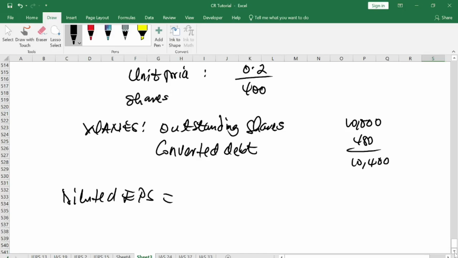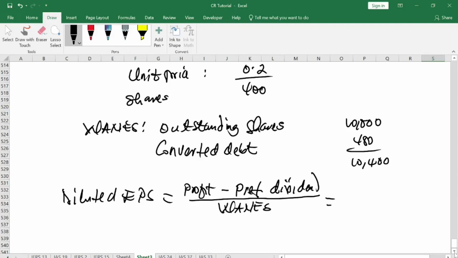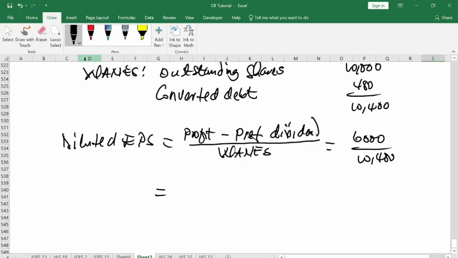So now you can comfortably calculate your diluted earnings per share, where you have your profit after tax less preference dividend, if any, all divided by your WANS. There is no preference dividend here. Profit after tax is 6 million, all divided by your WANS. So I have 6 divided by 10,400, and that gives you 0.58.